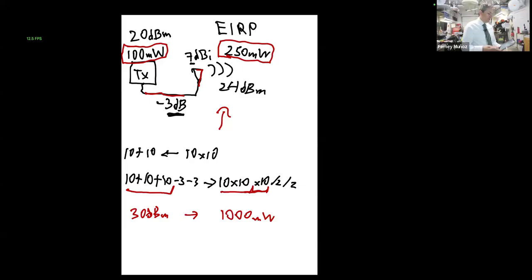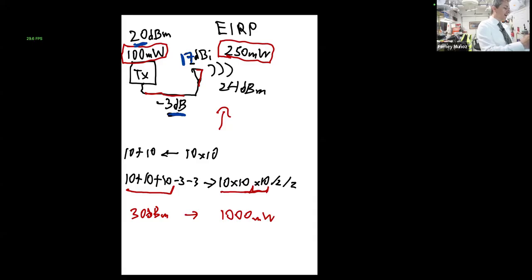If you have this same scenario, let me just use a different color, but then you add a 17 dBi gain antenna, not a 7 dBi, a 17. So we have 20 dBm of power being injected right there. You lose 3 dB on the cable, you have 17.